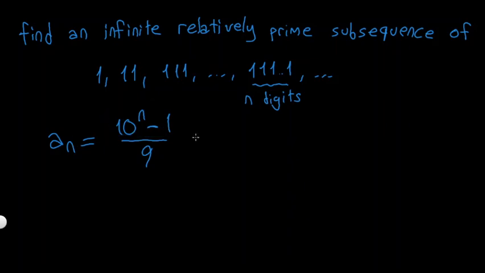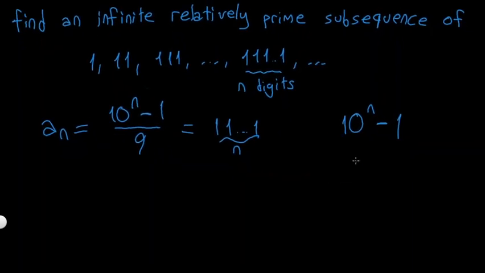So this thing has n digits, 11...1, with n digits. It's a bit hard to work with this thing, so instead I will try to work with 10^n - 1.